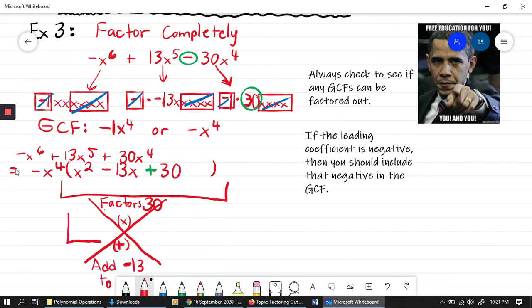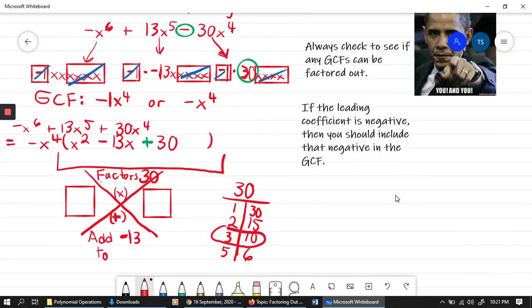So the only factors of 30 that will add to give you 13 are these two. The only thing about that is that they need to add to give you negative 13, right? So that means that these two have to be negative. Negative 3 times negative 10 gives you positive 30. Okay, and when you add negative 3 and negative 10, they give you negative 13.